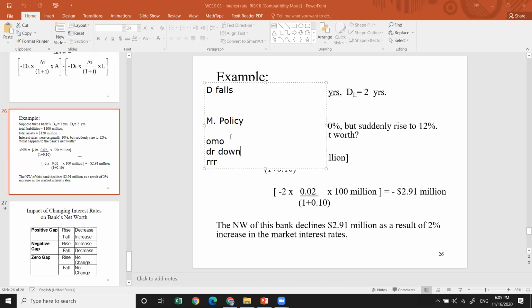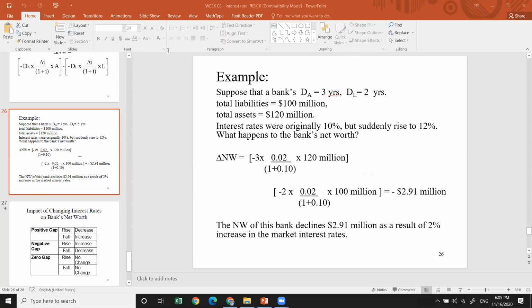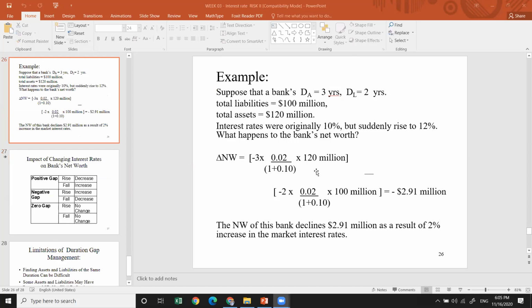How will you increase the borrowing? By reducing the interest rate. If you reduce the interest rate, people will start borrowing more.